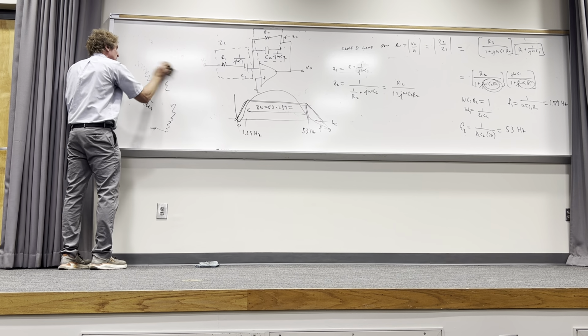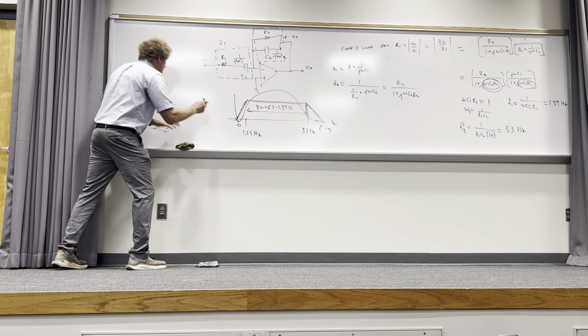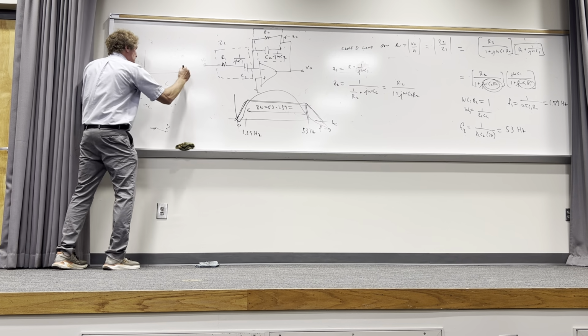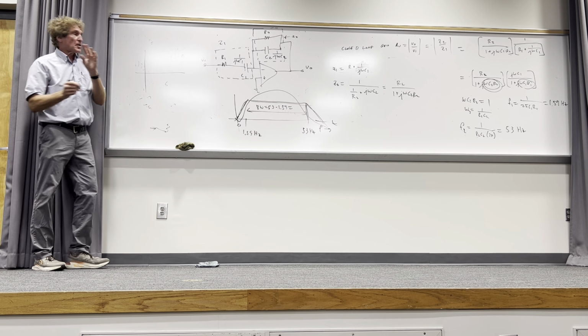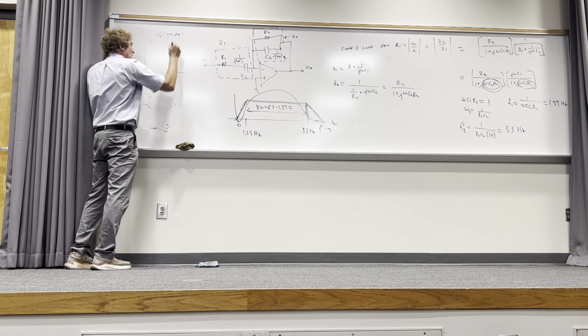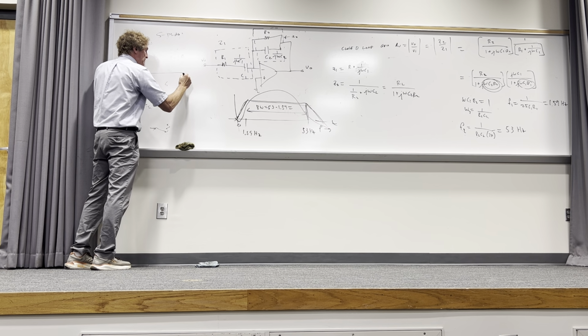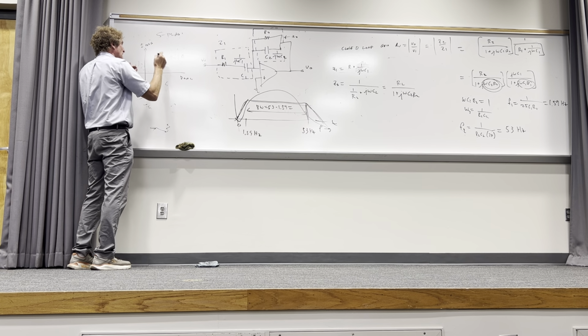Anytime you have a complex number, and I'm showing you this in a complex plane so you fully appreciate it. This is the complex plane, really called the S-plane. This would be the real axis, and this is the imaginary axis, or the j-axis.